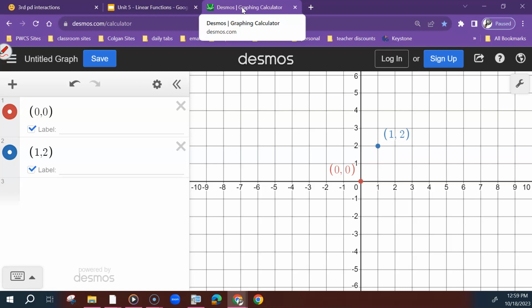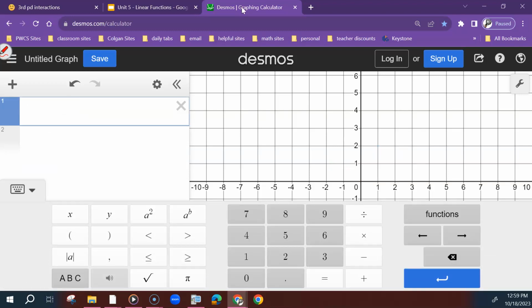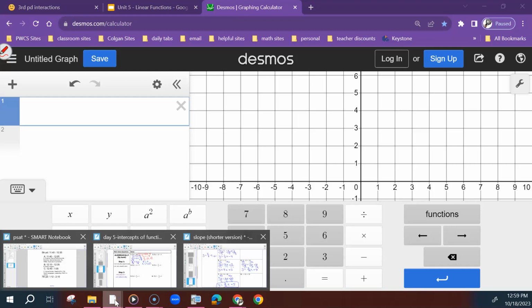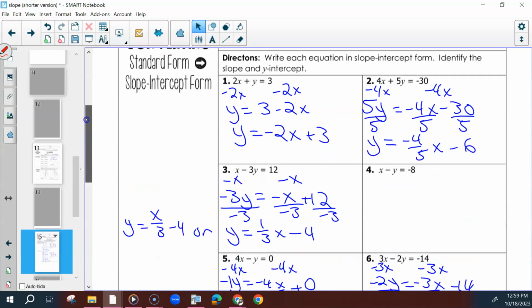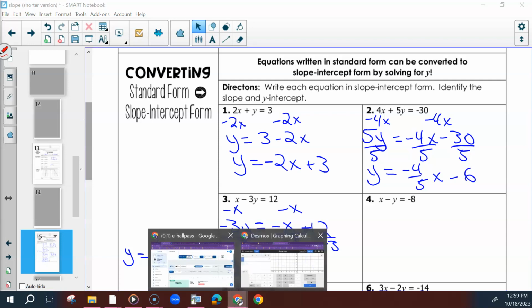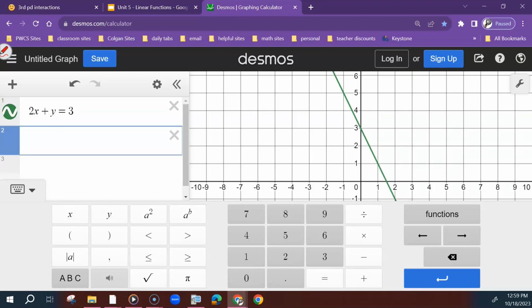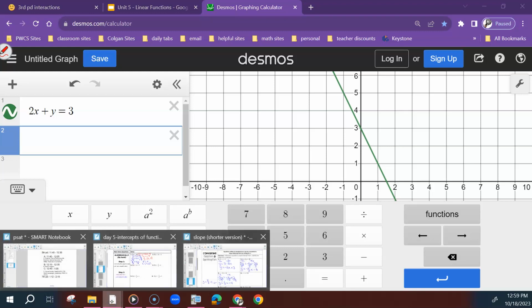One last slope thing. We'll talk about intercepts next class. We were converting earlier. I'm just going to pick one random one: 2x plus y equals 3. And then I'm going to put in the equation we found, which was y equals negative 2x plus 3.